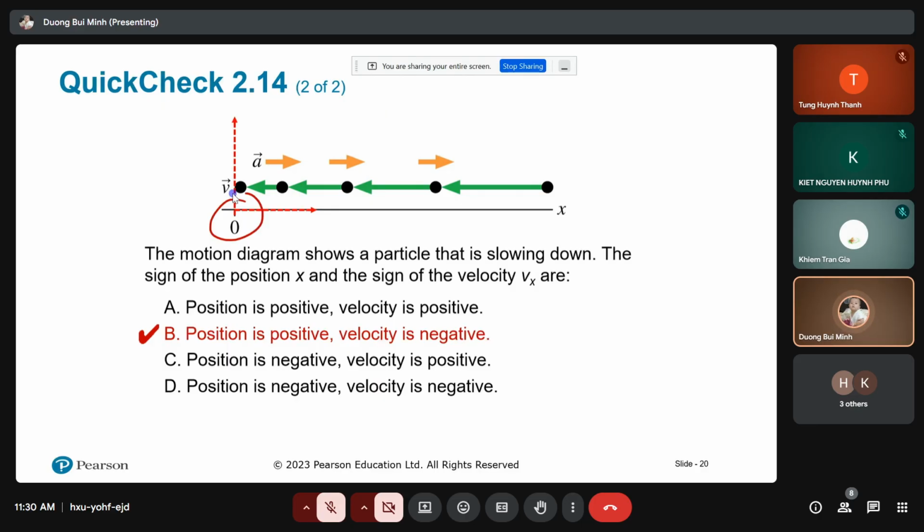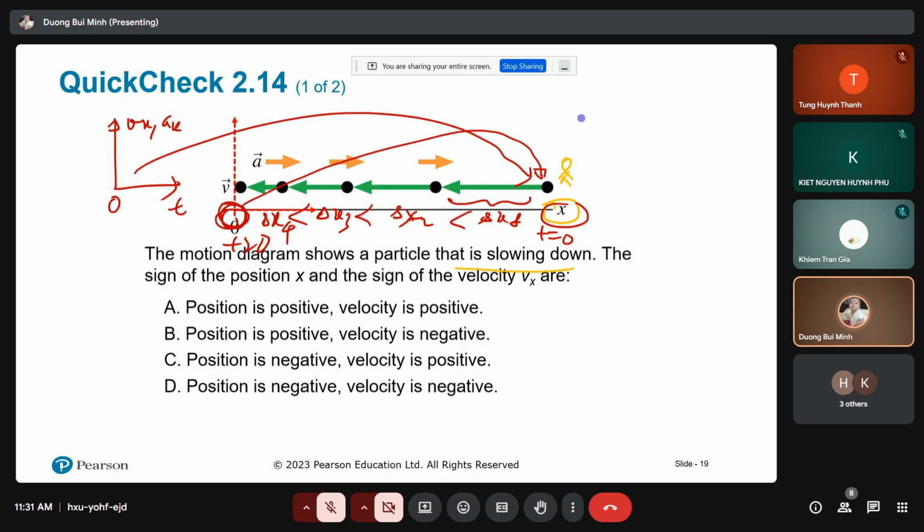Of course, if the position is positive, that means we need to fix the origin here. At the beginning, you get here is xi. So here you get position, and after some time, you get xf, and you get the next one. So for positive position, you can observe the direction of velocity. So velocity is negative. That is the reason.